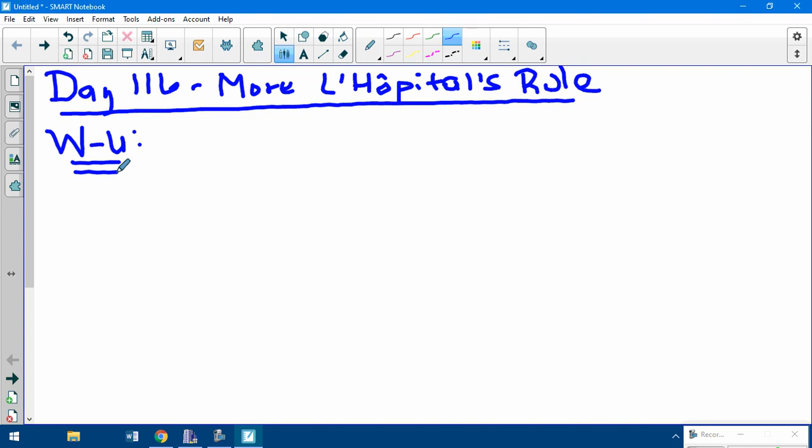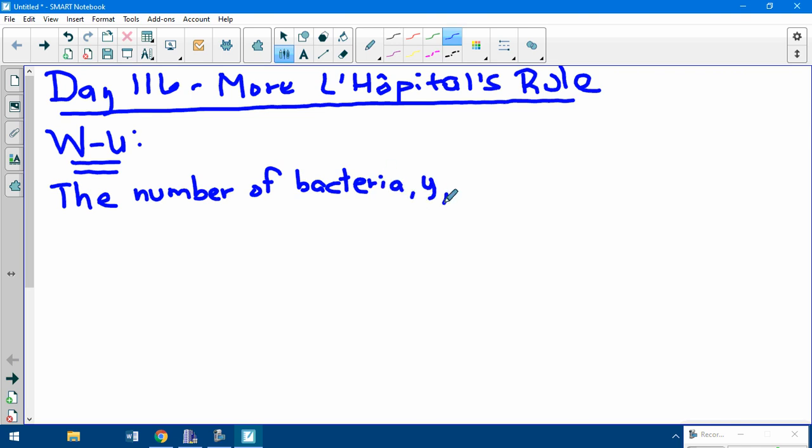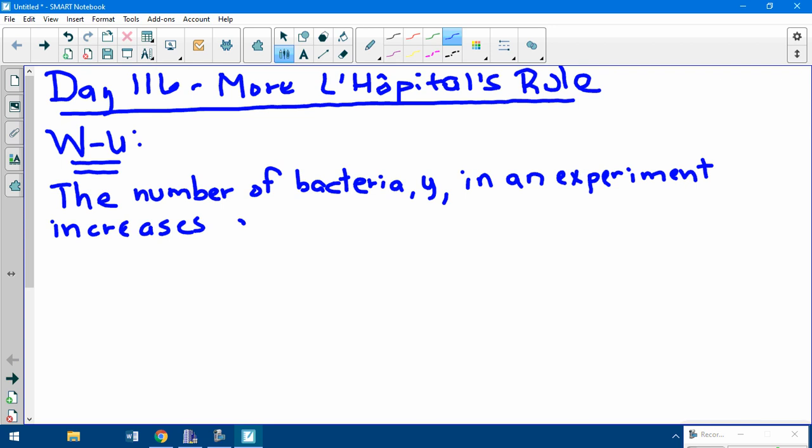Okay, here we go. The number of bacteria, call it y, in an experiment increases at a rate proportional to the amount present.